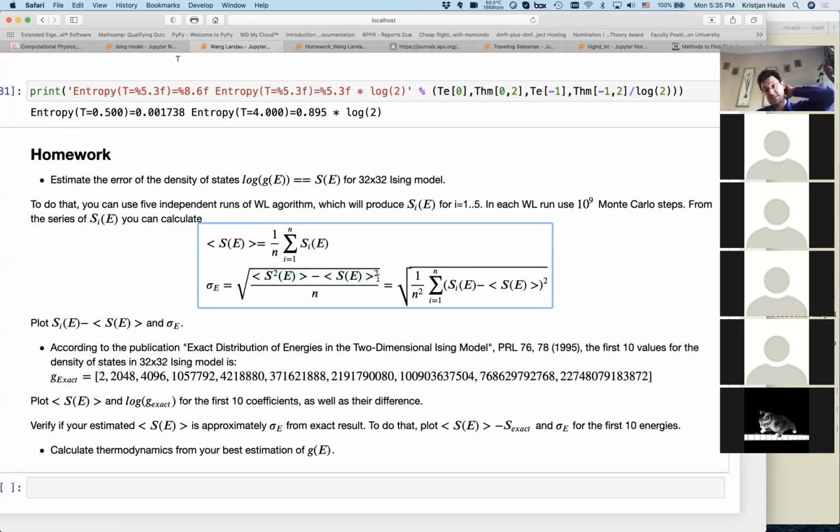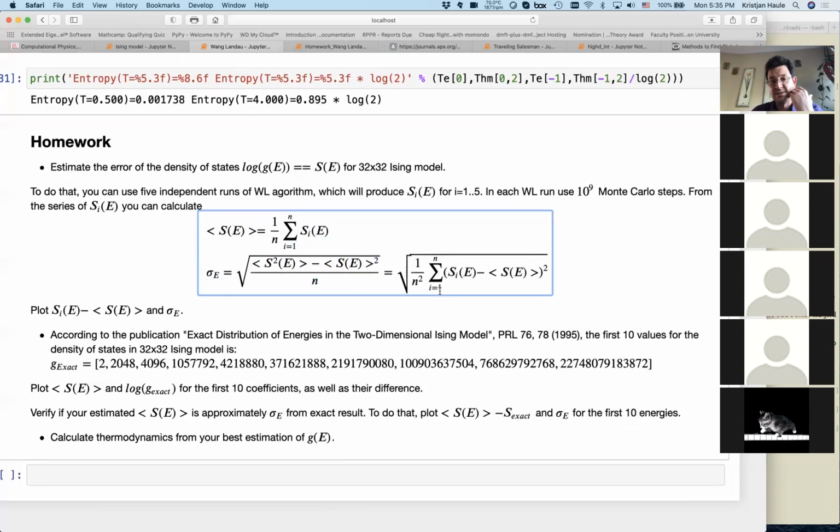So therefore, we know that the error bar goes as 1 over square root of n, where n is the number of such independent measurements. So again, this is known from statistics. If you have n independent measurements, which are statistically independent, then the error bar for that case is this expression.